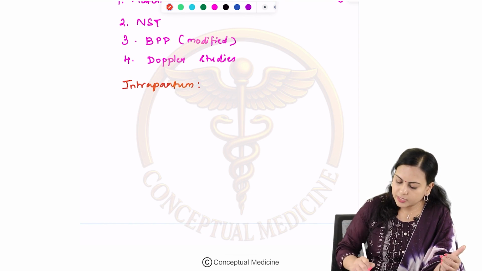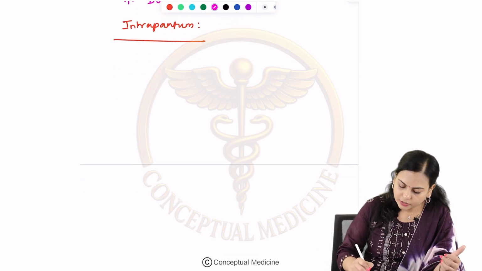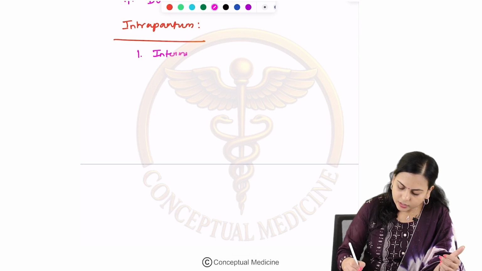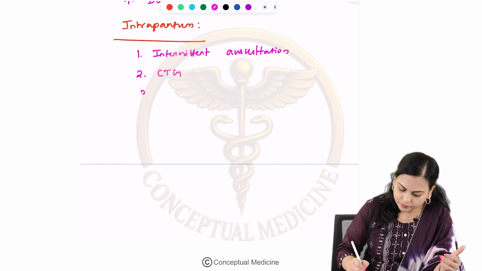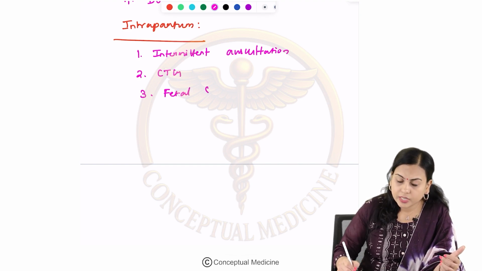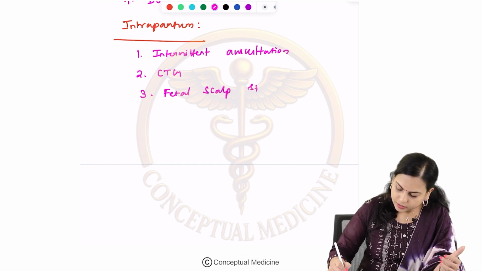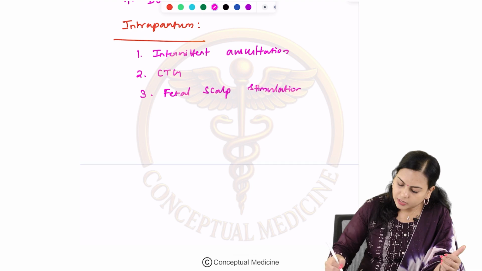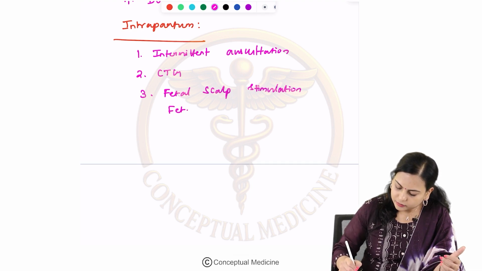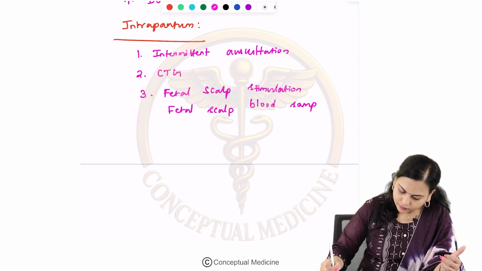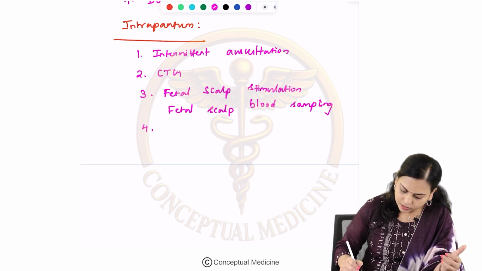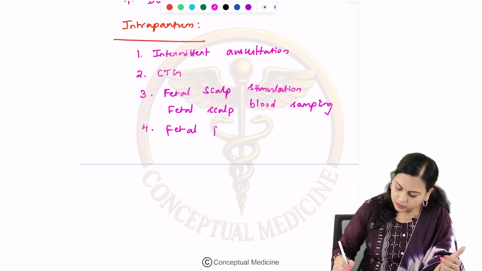Next, the intrapartum fetal surveillance methods. These include intermittent auscultation, cardiotocogram, then fetal scalp stimulation as well as fetal scalp blood sampling, and then fetal pulse oximetry.